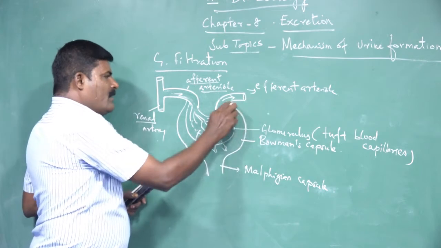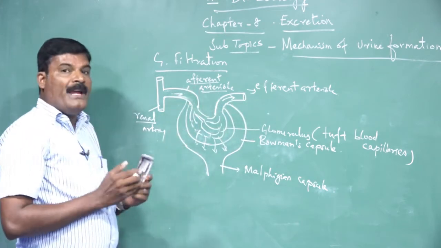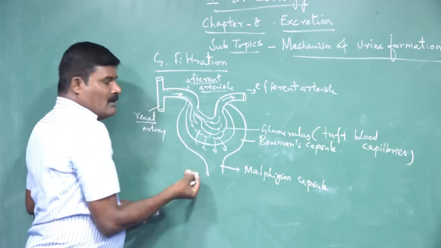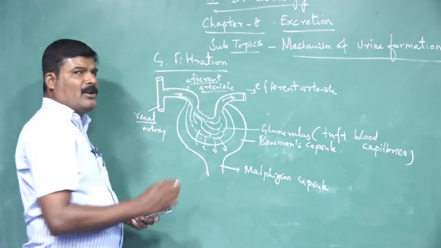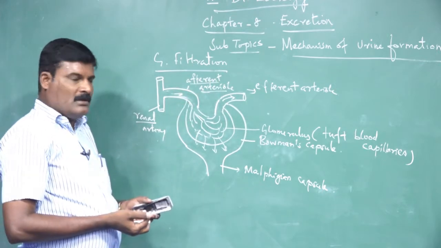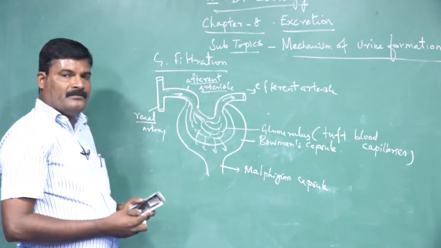Here, the efferent arteriole is narrower and the afferent arteriole is wider, so the blood flows very fast because the lumen, the space of the afferent arteriole, is more than that of the efferent arteriole. So the blood enters here.